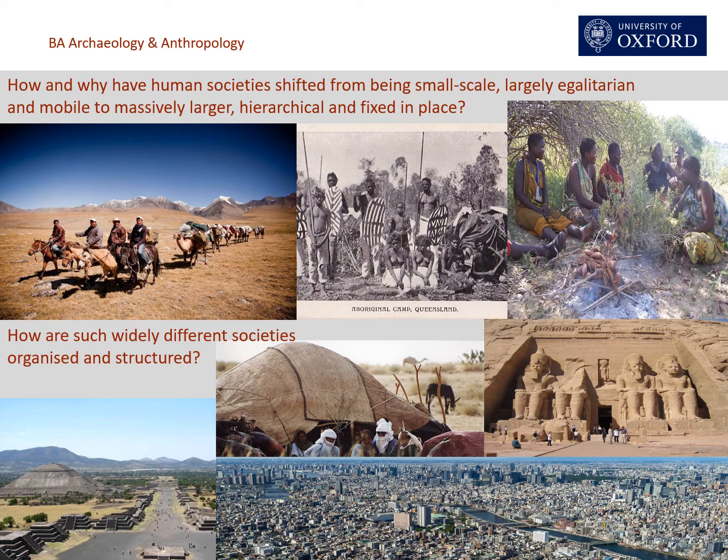One of the others is an enormous shift in the ways in which human societies organize themselves. Going from a situation in which people lived in relatively small, mostly egalitarian, pretty mobile societies, to ones that are massively larger, hierarchically organized, typically fixed in place, with huge monuments like the temples of Abu Simbel in Egypt or the pyramids of Teotihuacan in Mexico, or what you see now in a major modern metropolis, somewhere like, let's say, Tokyo or New York.